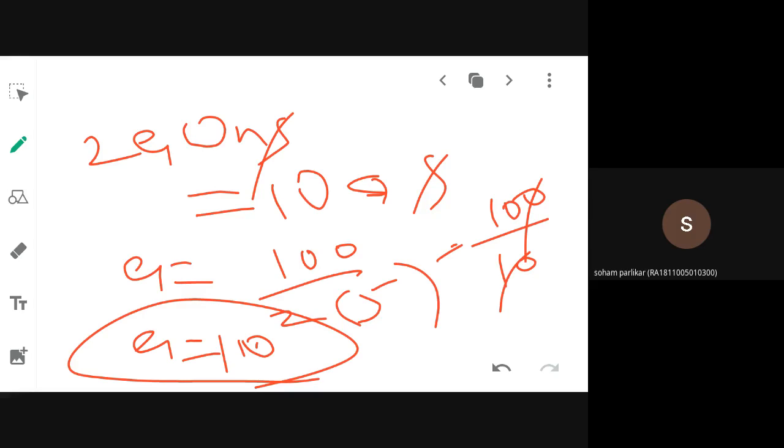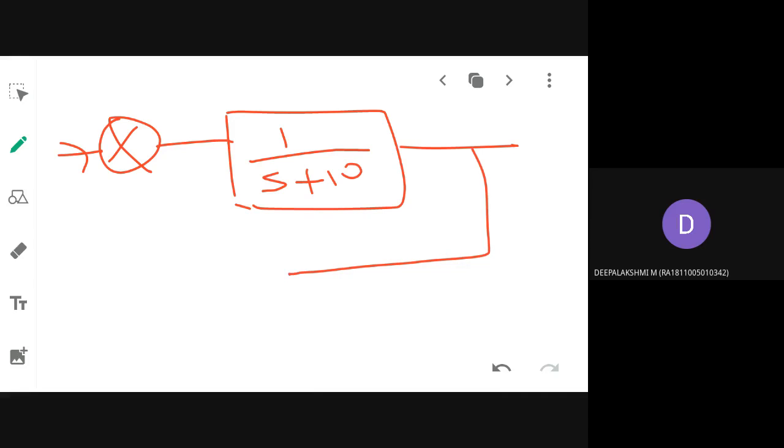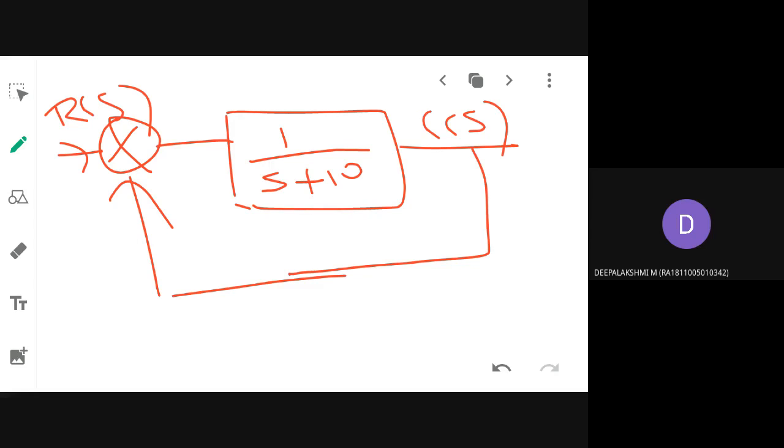I will give you another problem in the same way. The given system is this one. You have to find out what omega n and zeta are and tell me.